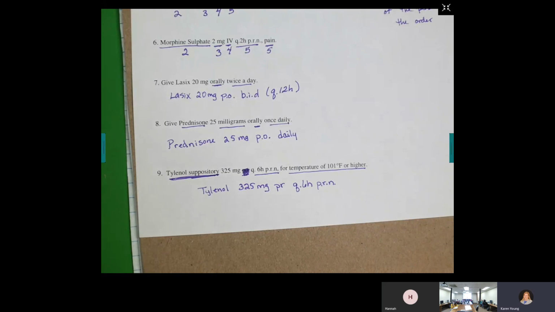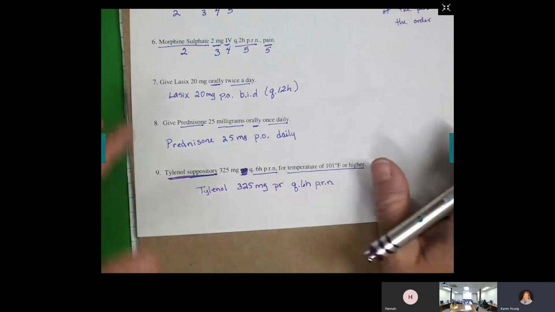And too, sometimes a suppository will get in your system faster. And it could be somebody that doesn't keep anything on their stomach. So there are different reasons for giving a suppository. All right, any questions on this?